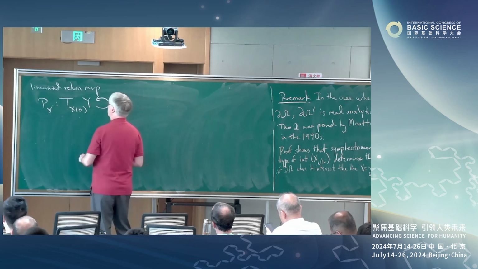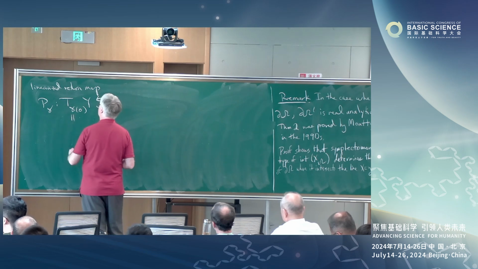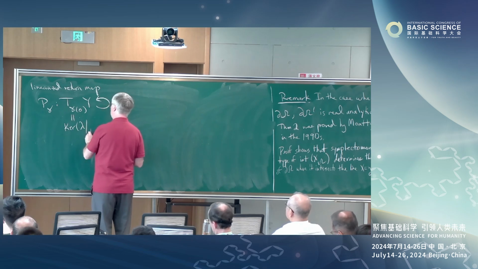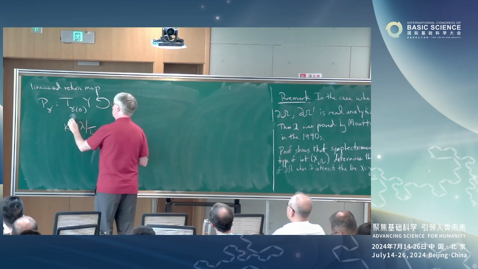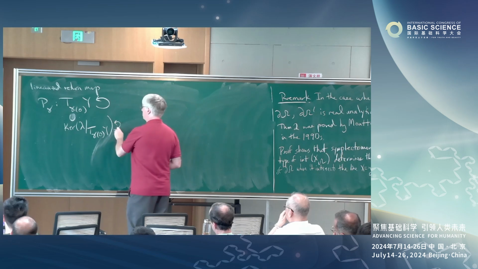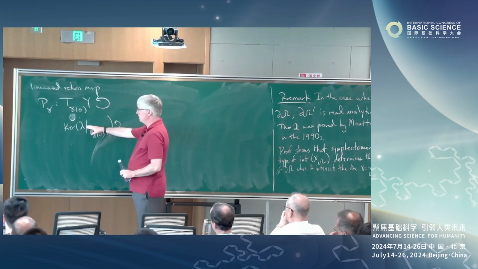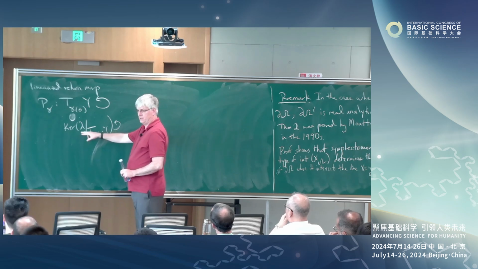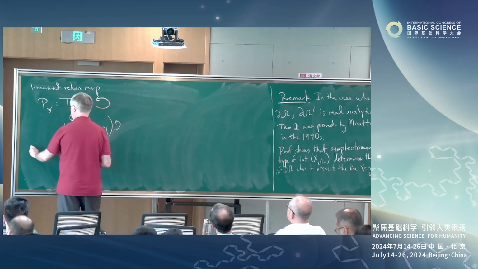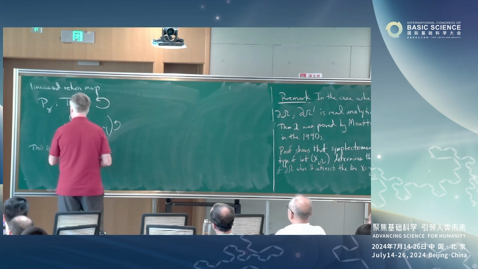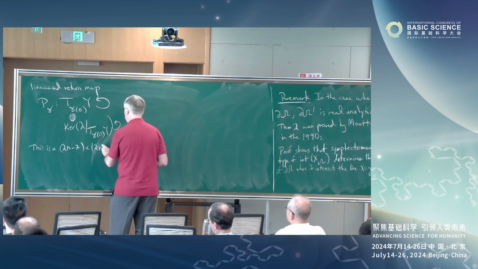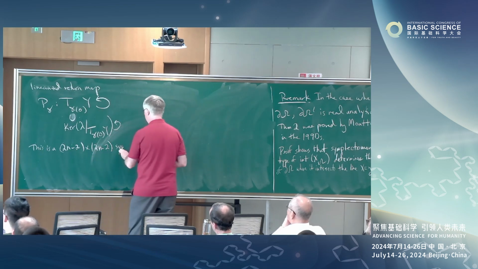And actually, what I really want is to look at the kernel of lambda restricted to the space. So this is a 2n minus 2 dimensional vector space. It has a symplectic form determined by d lambda. So this is a 2n minus 2 by 2n minus 2 symplectic matrix after you choose a suitable trivialization.